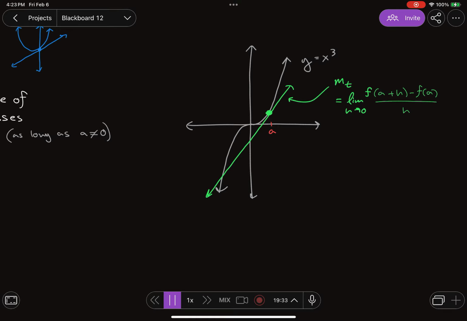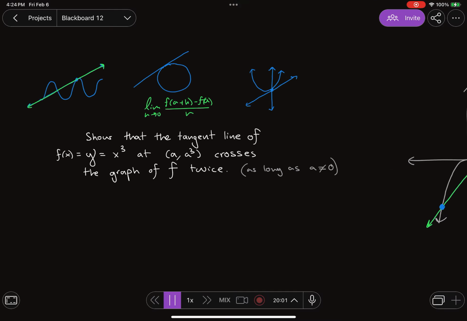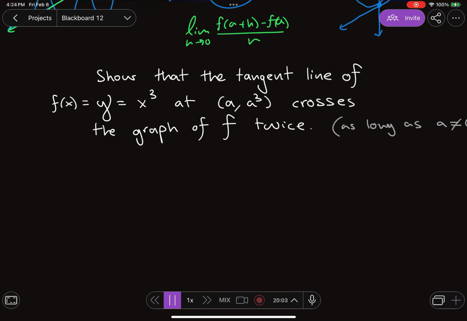So we're trying to find what that point is and what this original green point is. Of course, this is the same a right here, and f of x here is, of course, x cubed. So we're going to try to discover the two points where this tangent line crosses the original curve. In order to do that, we're just going to compute this limit right here. So let's get into it. This is our first applied derivative example. Here's my solution.